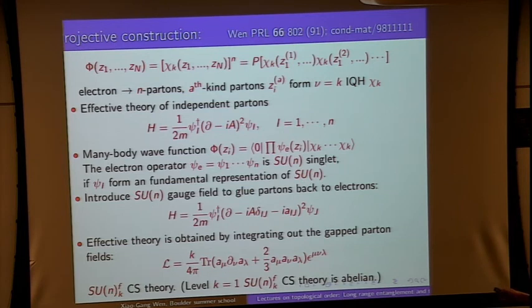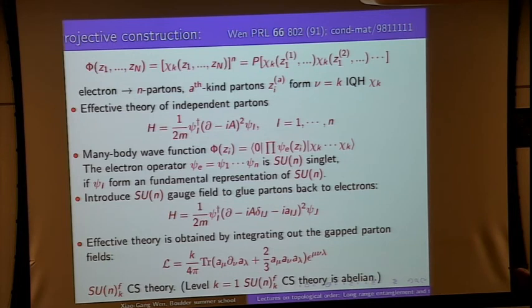Because in the independent parton model, this index is summed. This Hamiltonian has SU(N) symmetry. You can rotate between partons, so there is SU(N) symmetry. So usually in the independent parton model, the excitations have all kinds of SU(N) representations. But this picture really tells you that after projection, the electron part only contains SU(N) singlets, for the ground state and for the excited states.